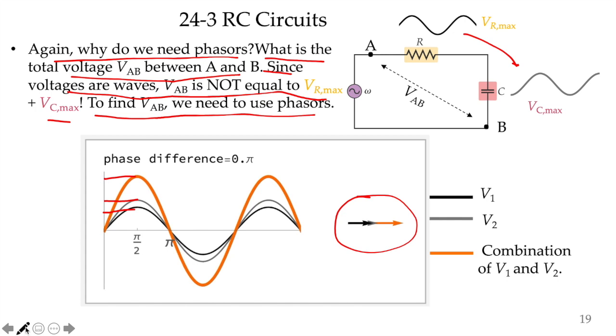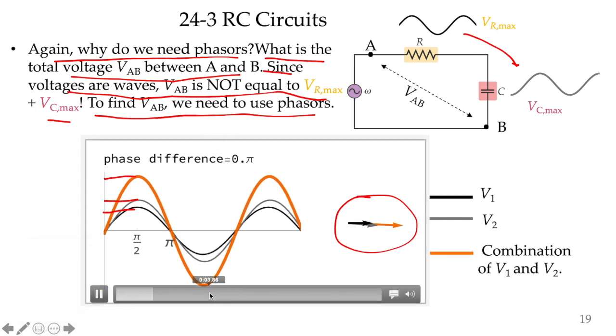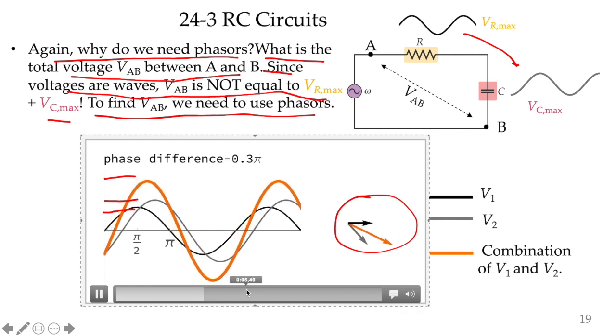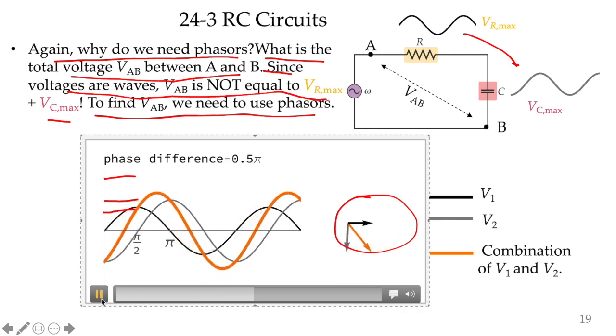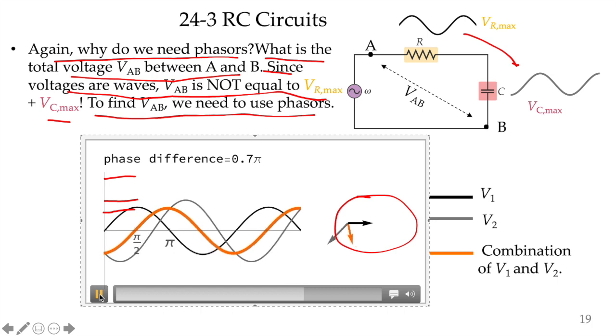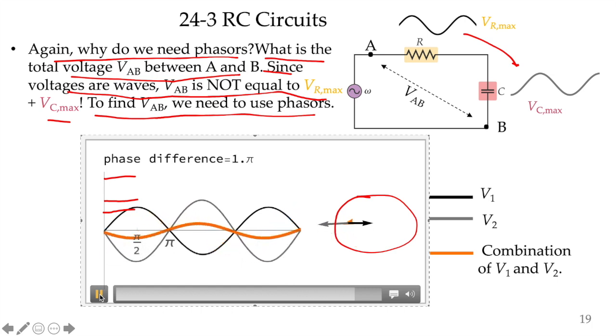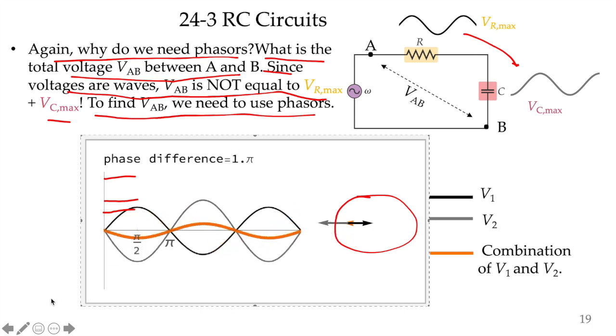But if it moves forward, let's move another time. Actually, let's move to the phase difference when it's pi. Okay, let's look at here. Now, let's add them up. Let's add the gray one and the black one.